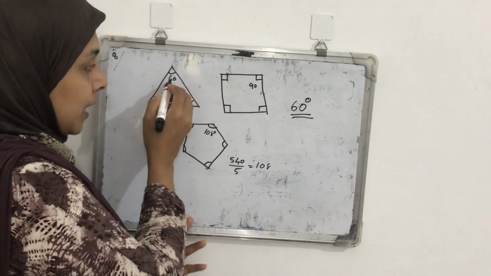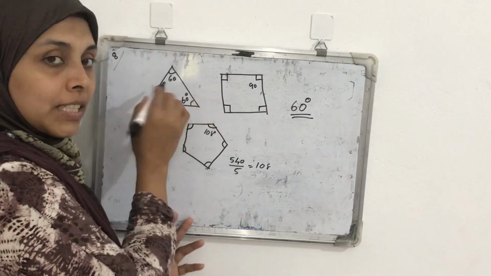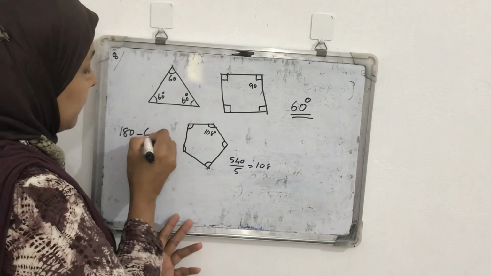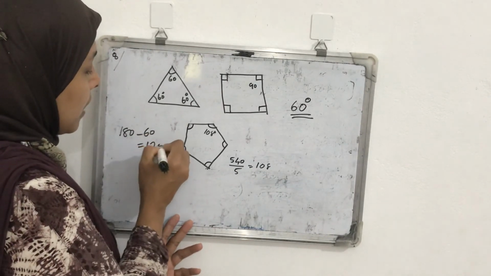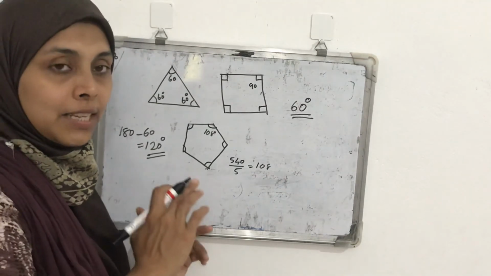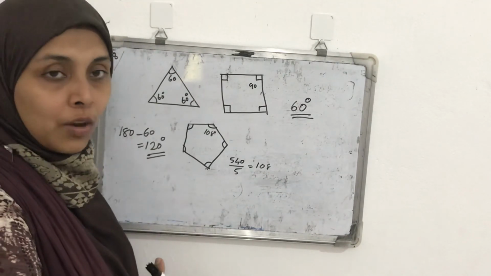For interior angle 60, the exterior angle is 180 minus 60. So it will be 120 degrees. That will be the maximum exterior angle possible for a regular polygon.